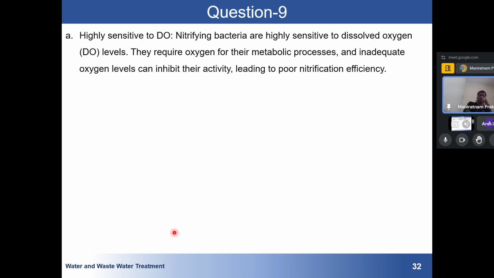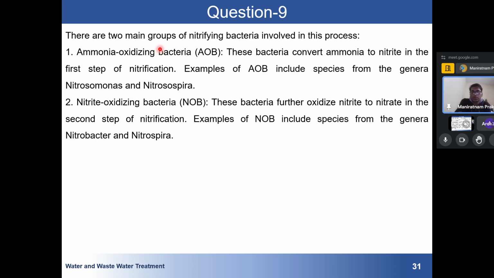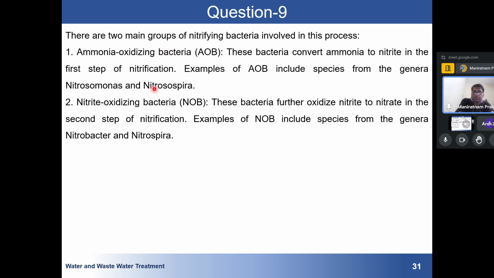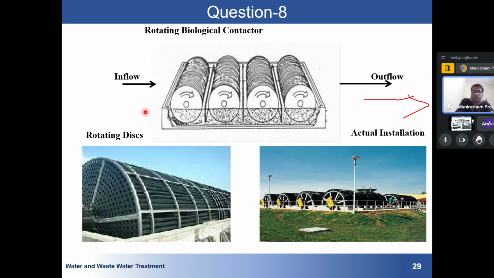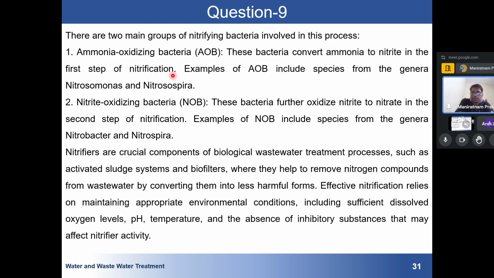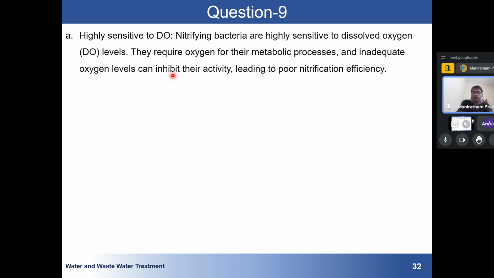I will go through each and every option. The first option is highly sensitive to oxygen. Remember, the question is whether these nitrifiers, these bacteria, are sensitive to the following things. The first option is highly sensitive to DO. Nitrifying bacteria are highly sensitive to dissolved oxygen.